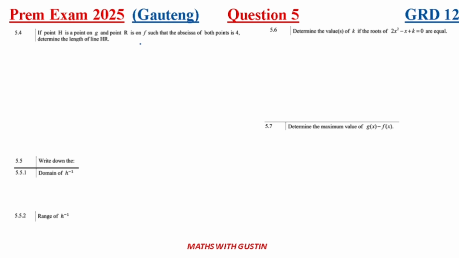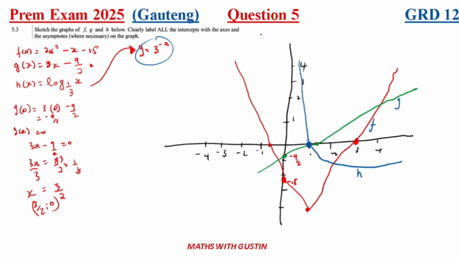So this is actually the difference between 2 points, point H, which is sitting on G. Okay, let's just come this side and visualize it. Point H, which is sitting on G, and then also point R, which is sitting on F. Okay, so this is just 2 points sitting on these two graphs.